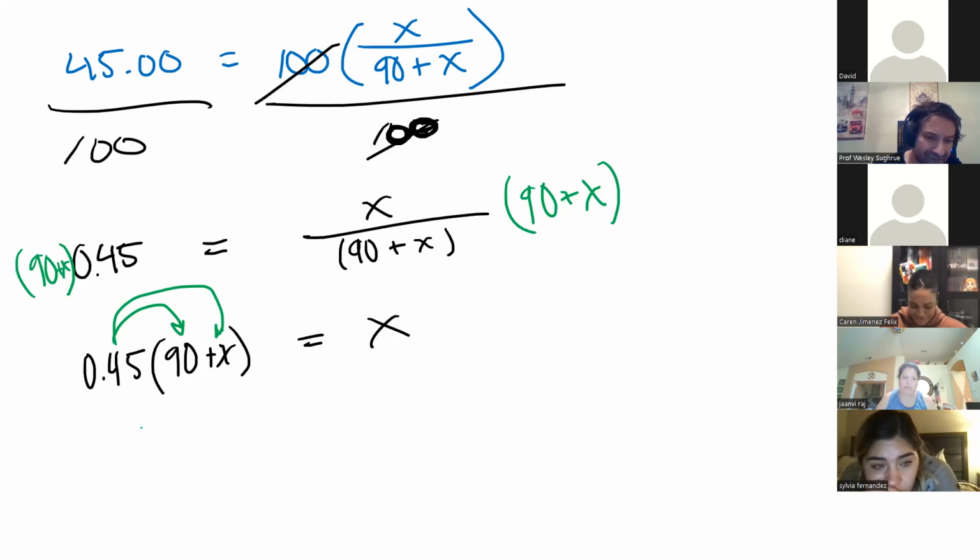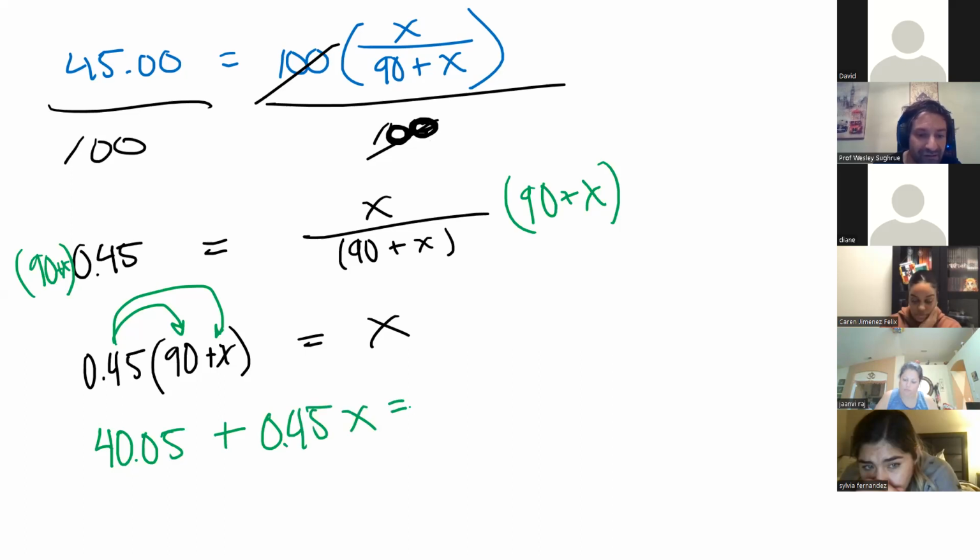That gives you something approximately 40 point something. I think it's 40.05. I can't remember off the top of my head, but it's close to 40. Plus 0.45x is equal to X.